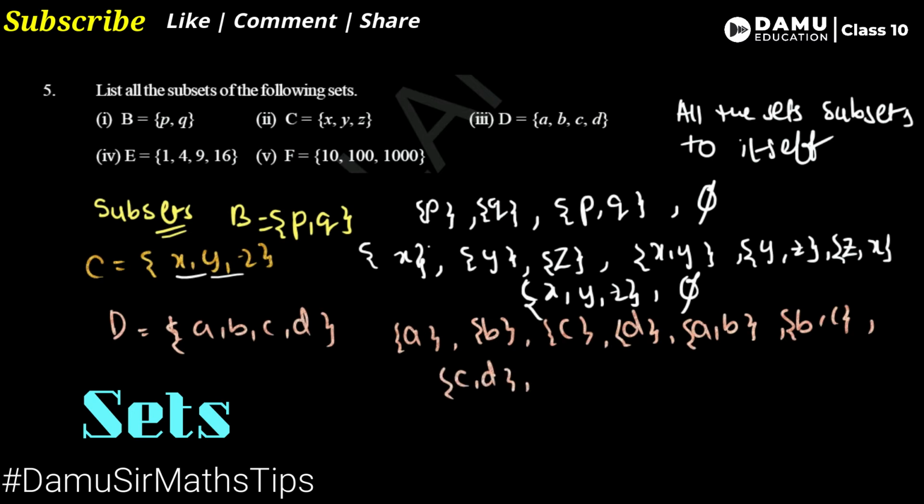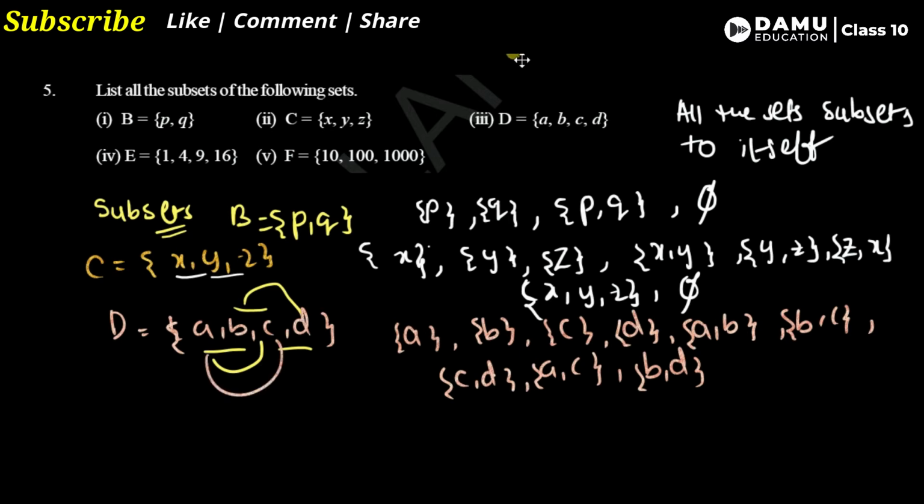So we have covered AB, BC, CD. Then you can go with AC, then BD. Is there any other possibility? AB, BC, CD, then AC, again you can go with AD.